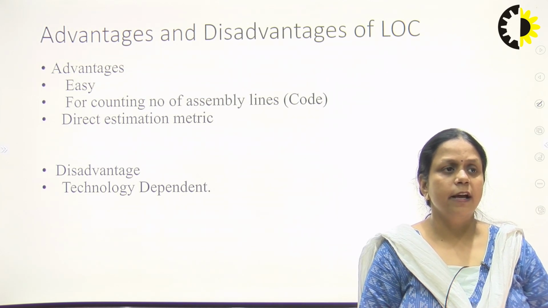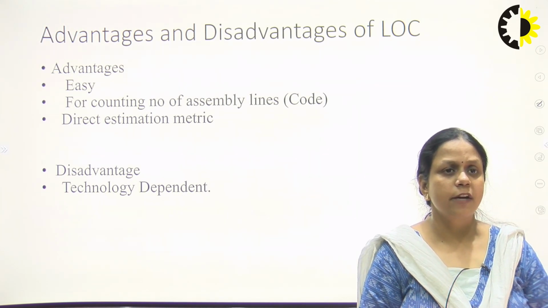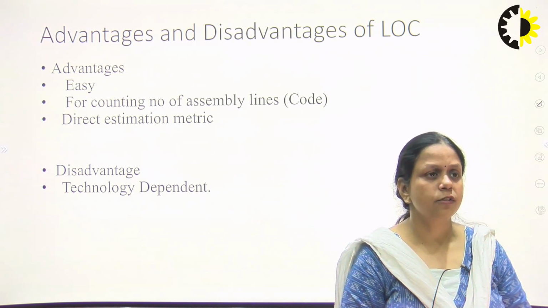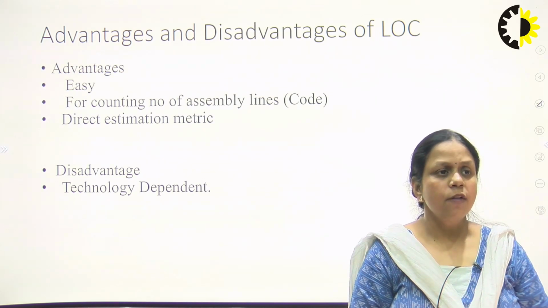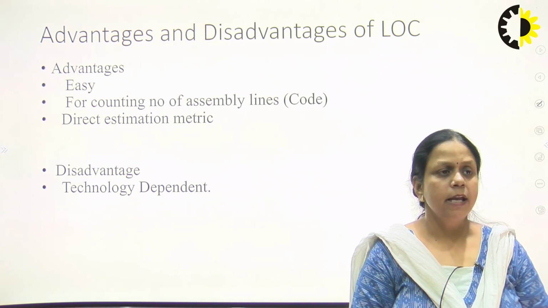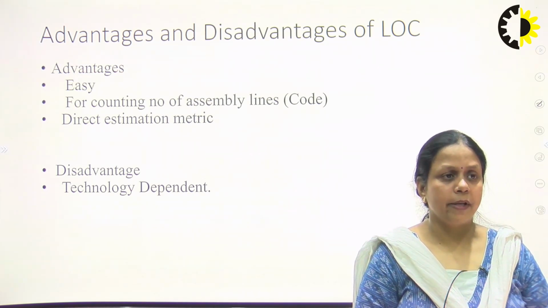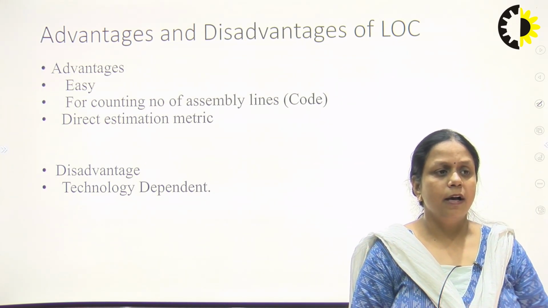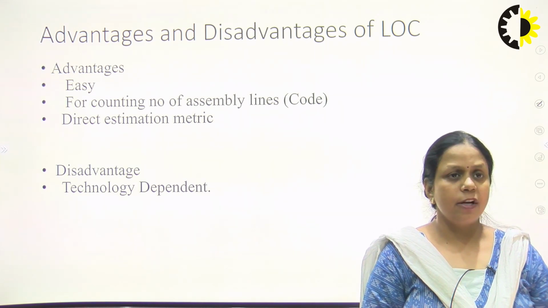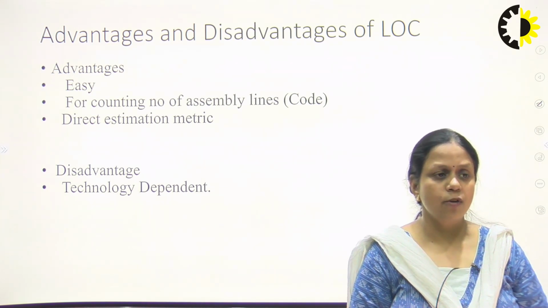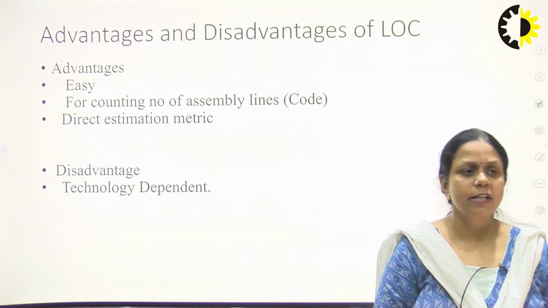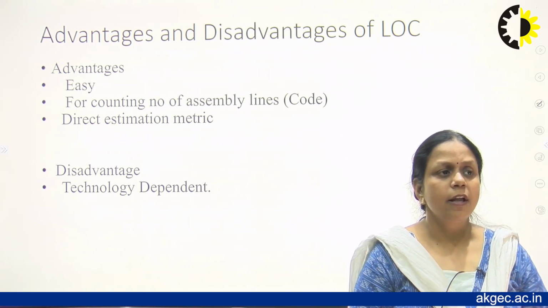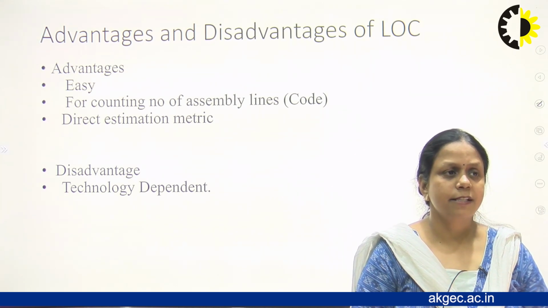Next are the advantages and disadvantages of LOC. The advantage of LOC is that it is easy to count, for example counting the number of assembly lines, and it gives a direct estimation metric. These are the main advantages of LOC. But LOC also has disadvantages. The major disadvantage is that it is technology dependent, because we have different languages like Python, Java, C, C++.